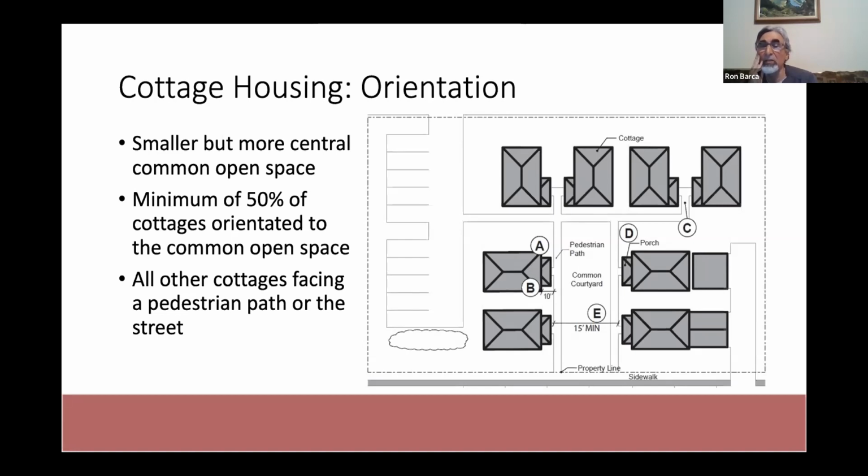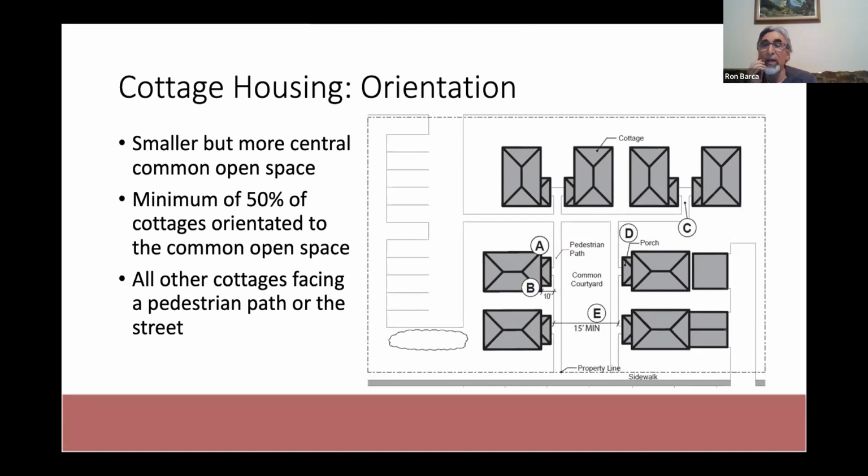So in the context of what we're looking at, the common courtyard in some cases is a significant portion of the development. And I'm wondering still if we don't need to be somewhat more proportional in the footprint of the buildings in relationship to the common courtyard.